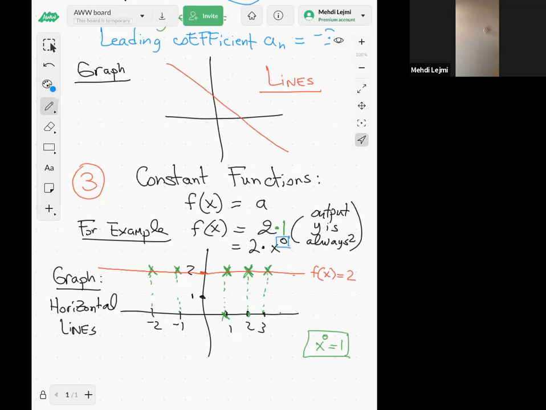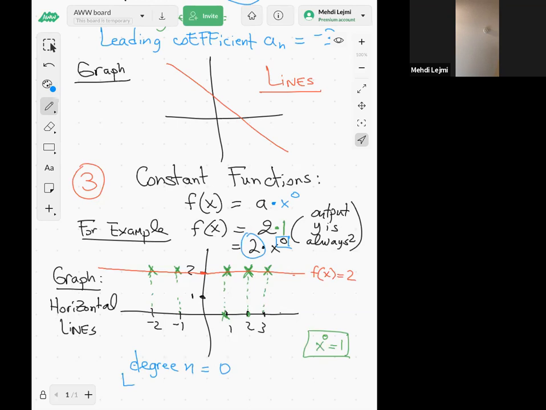So my degree n is 0, because it's a times x to the power 0, and my leading coefficient is this number 2.